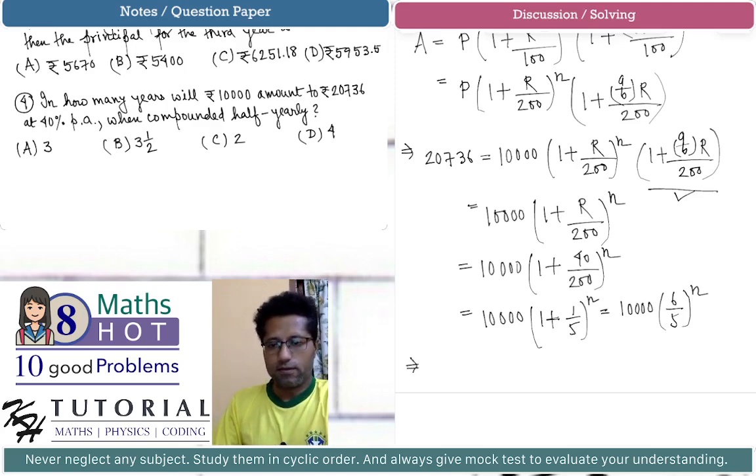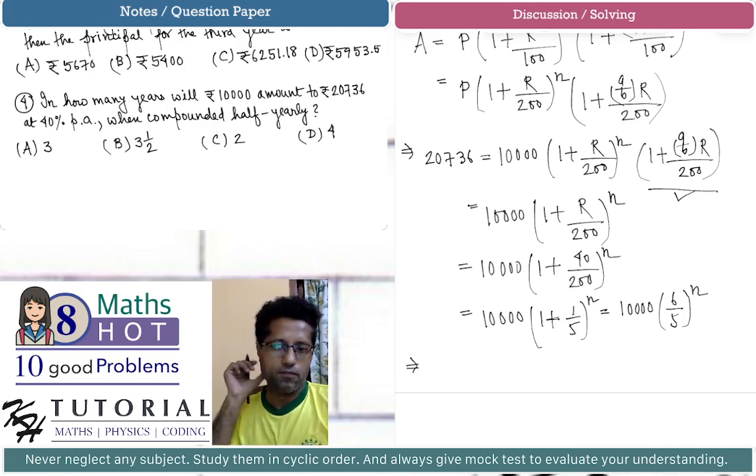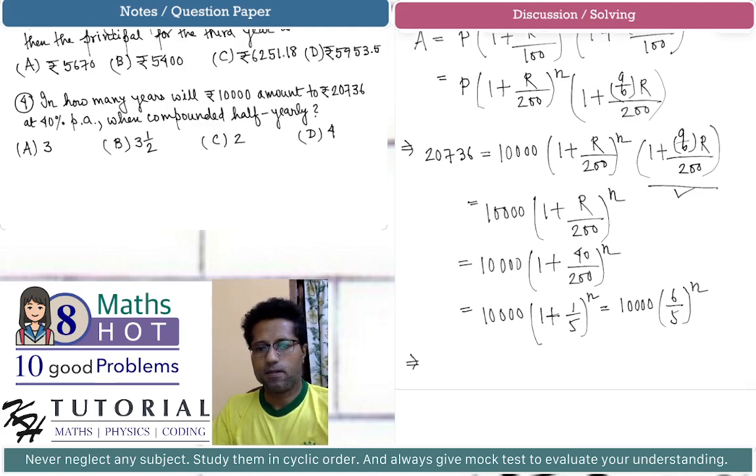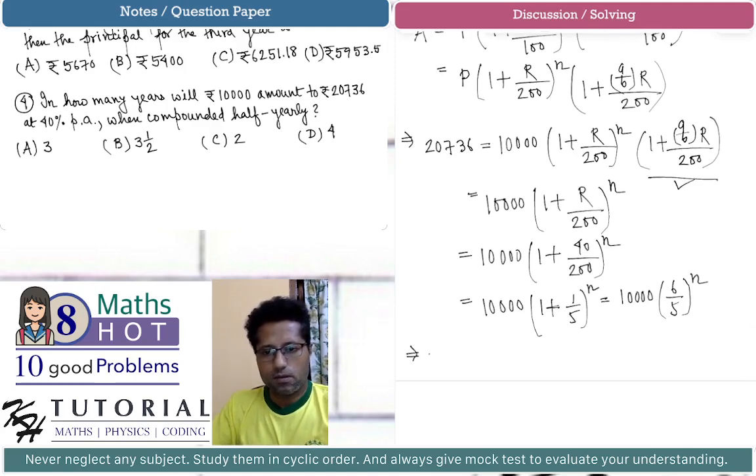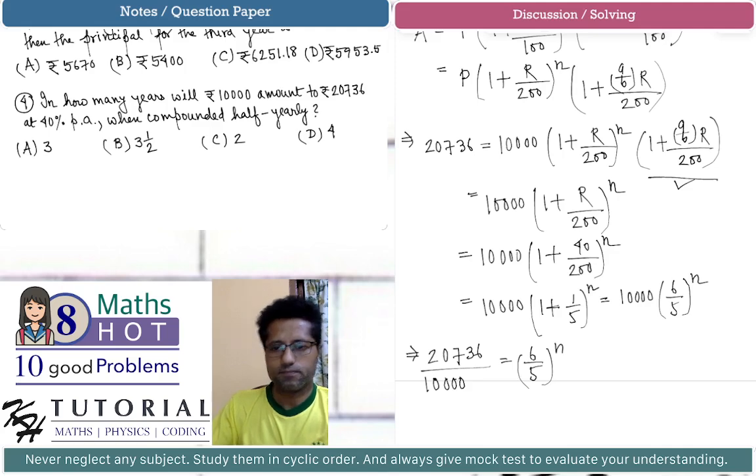Now to find the value of n, we have to simplify the equation further, and bring the factor 10,000 from the right hand side to the left hand side. So we have 20736 divided by 10,000 is equal to 6 by 5 to the power n.